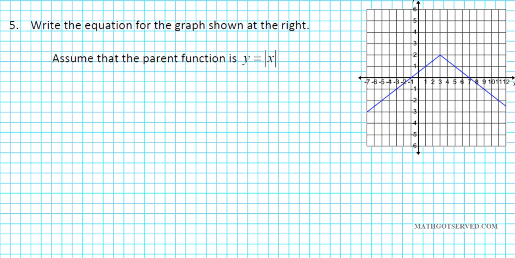All right, let's take a look at question number 5. Question 5 reads, write the equation for the graph shown at the right. So the assumption is that we're dealing with the parent function, y equals the absolute value of x, which is expected with the graph that we have here. If you take a look at this absolute value graph, one thing you notice is that this graph has been dilated.